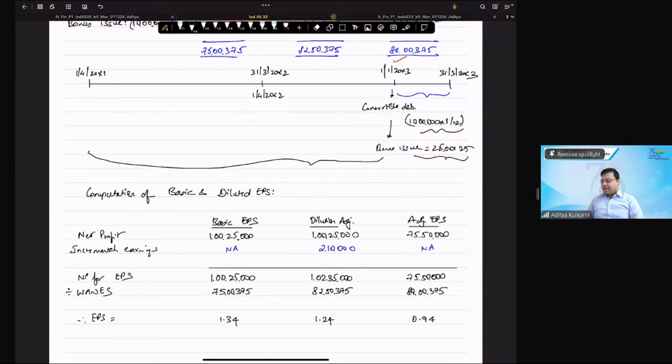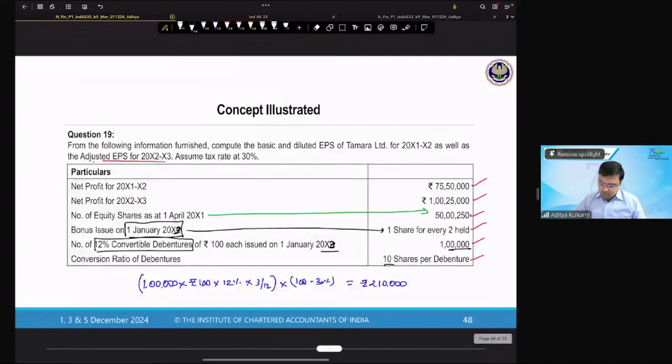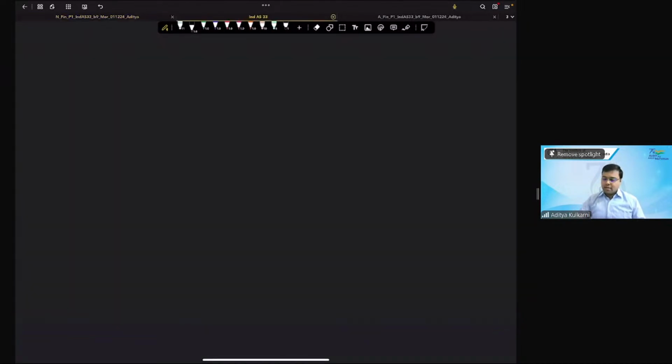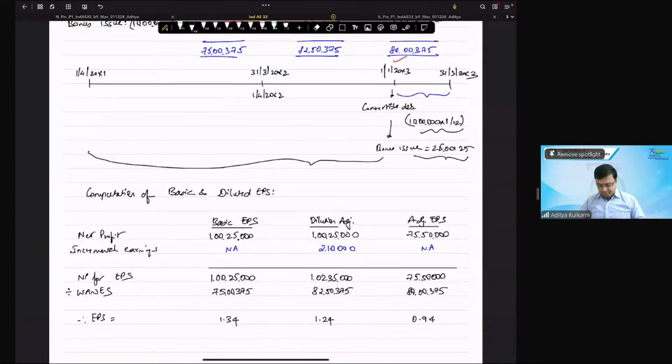Numerator remains the same, right? It's not impacting my numbers in any case. So you won't have any anti-dilution. Okay, so that takes care of this question. Done? Shall we proceed further? Yes, sir.